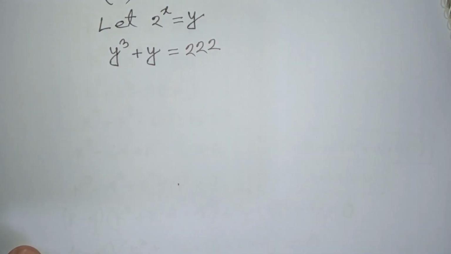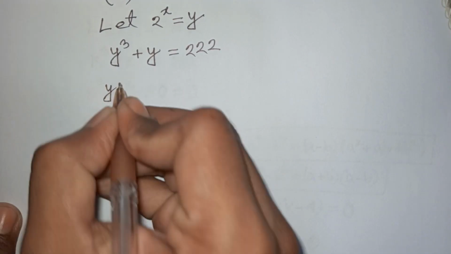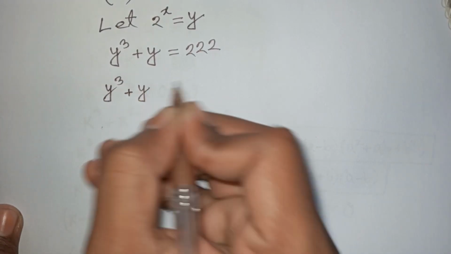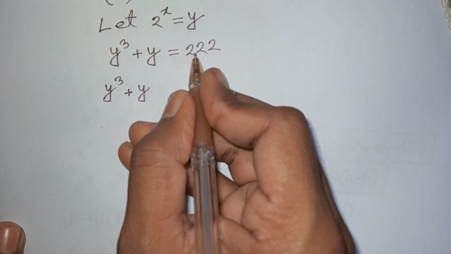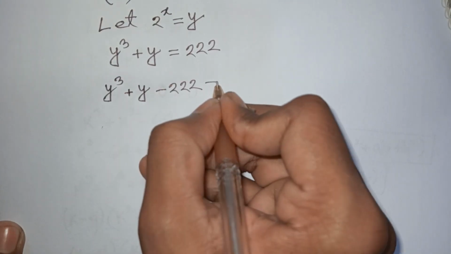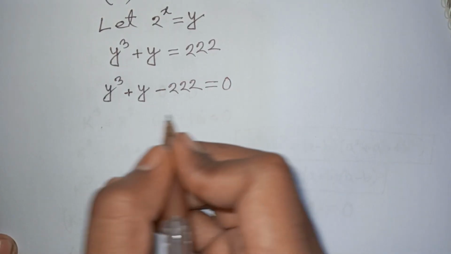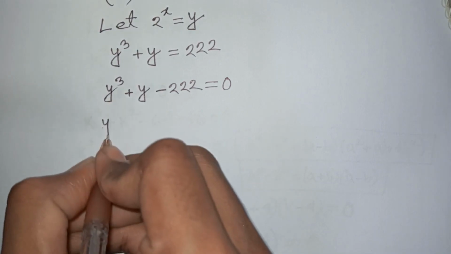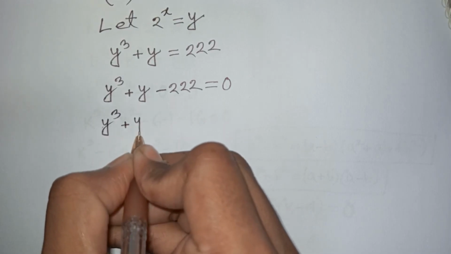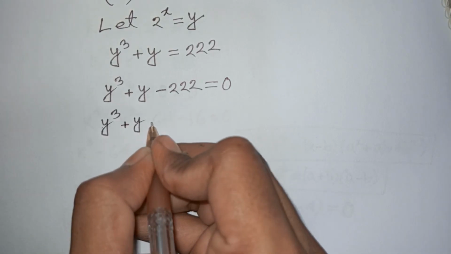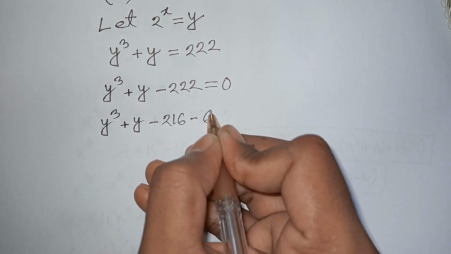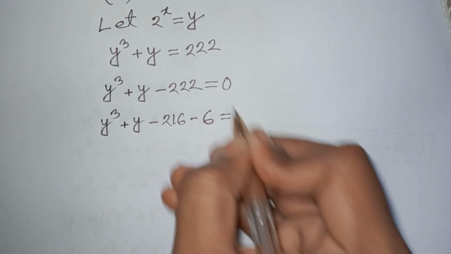222. In the next step, we have y cube plus y, then this plus 222 we take to the left side, so this will be minus 222 is equal to 0. In the next step, we have y cube plus y, then minus 222 is the same as minus 216 minus 6 is equal to 0.